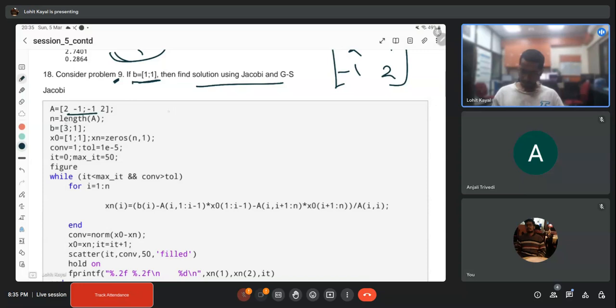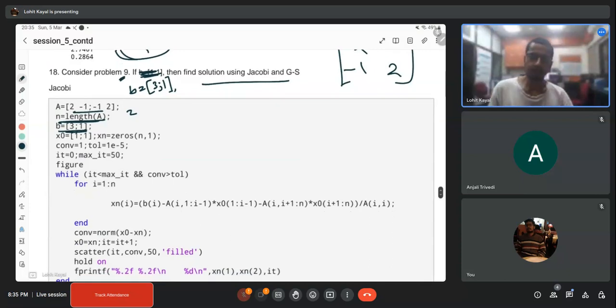Here this is your A matrix. N is the length of A, which is 2 here, and this is your B. I have taken a difference, so I will edit it here. This is not the B. B equal to B colon 1.